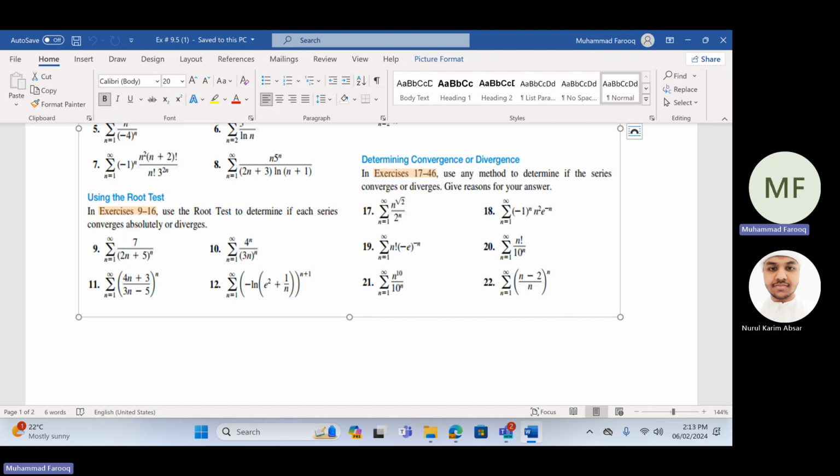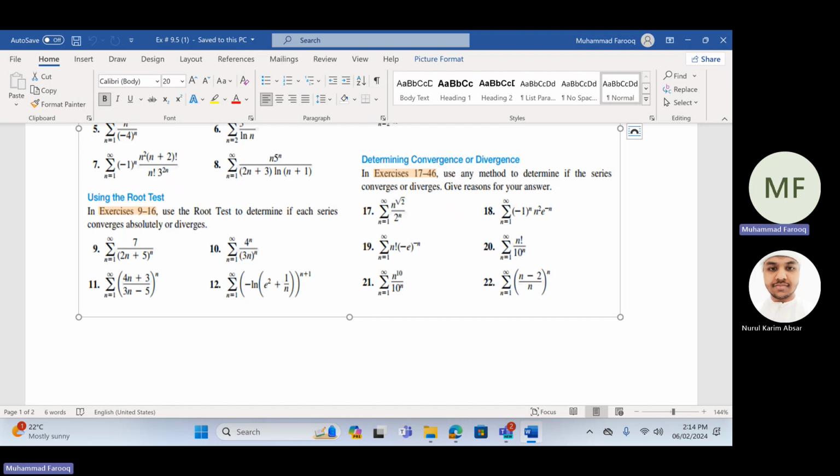Please don't use the root test for factorials. Which test is factorial for? The ratio test. Good question you asked. Please don't try the root test with factorials, because the nth power of a factorial is very complicated. Actually, there is a topic next, 9.7, where we have a choice between these two tests, ratio and root.